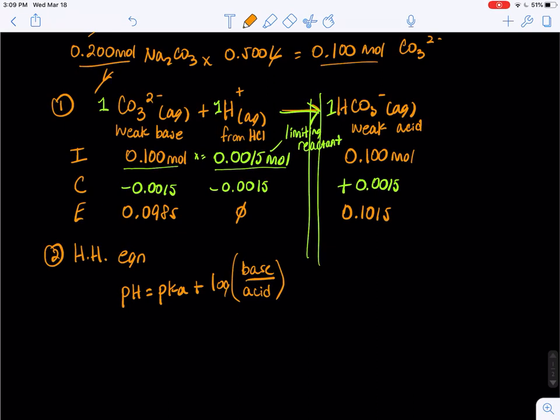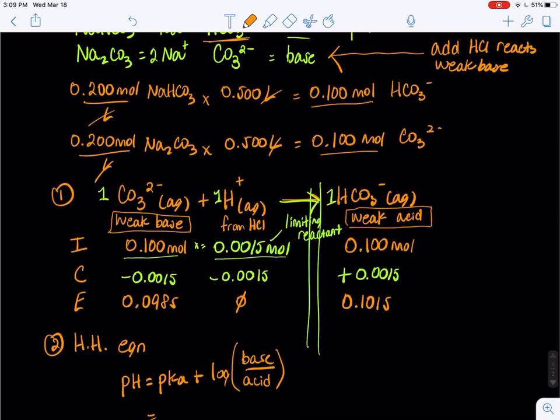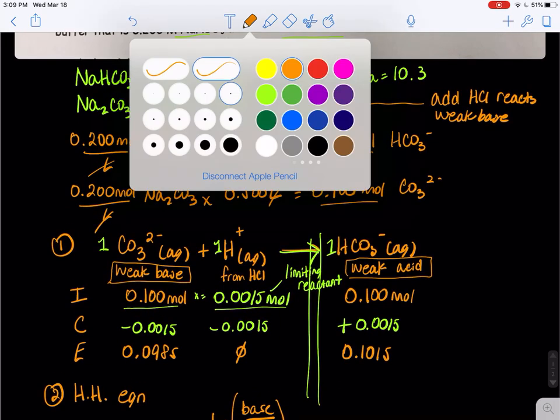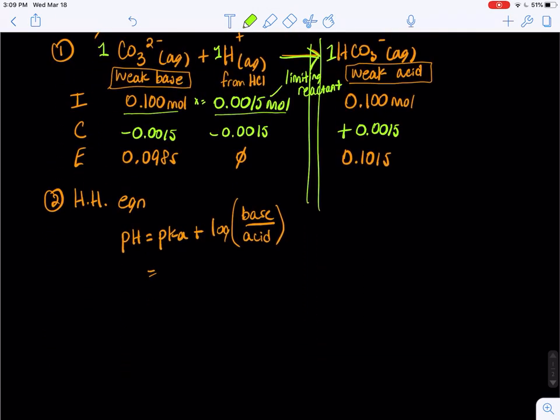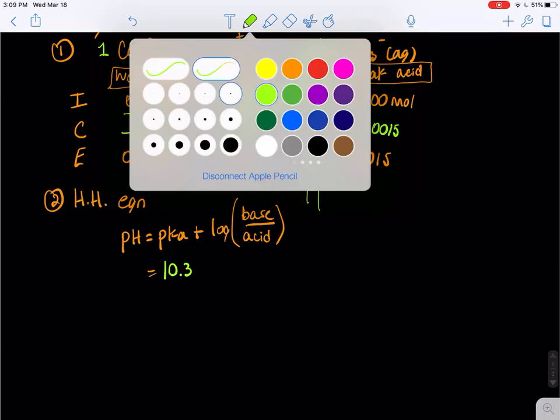We've already have it labeled up here. The base is the carbonate and the weak acid is the bicarbonate. So we want to plug this in. Remember what we did up above is that we figured out what the pKa of this acid is. It's 10.3. Okay, so that's 10.3, and that comes from Appendix 3.